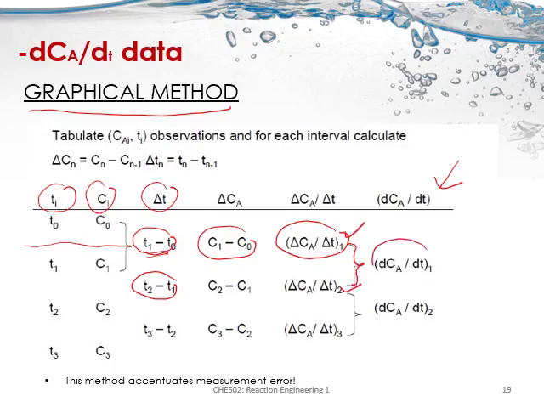But this is the graphical method. If you look at this statement, this method accentuates measurement error. What does it mean? Because it is a graphical method, you may produce some noticeable error.